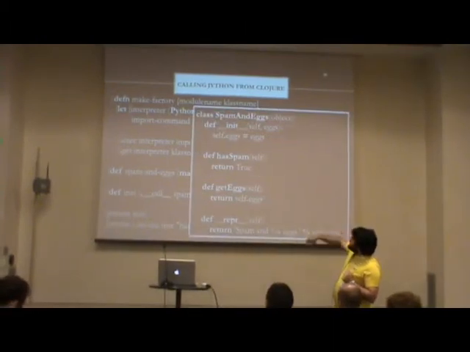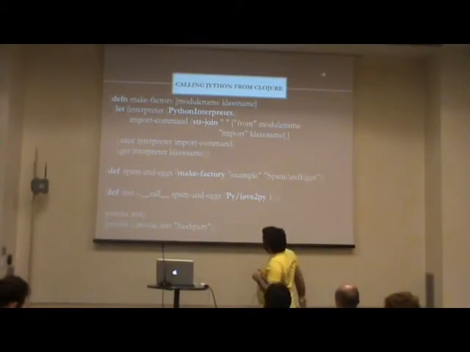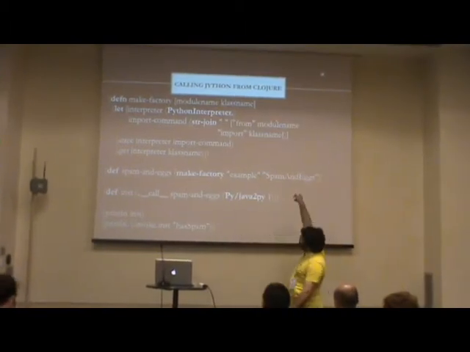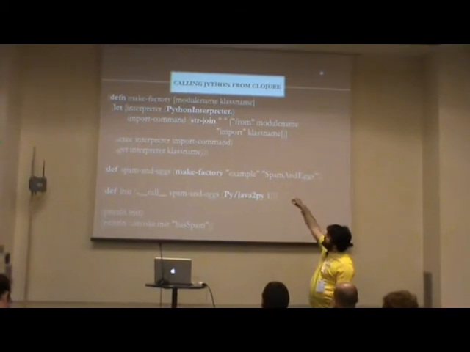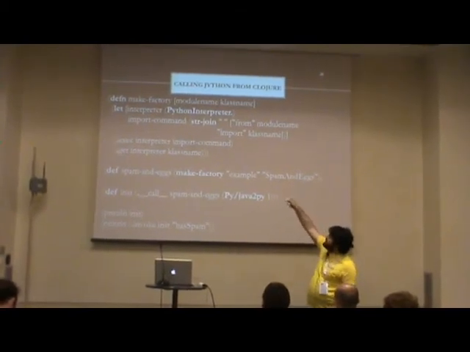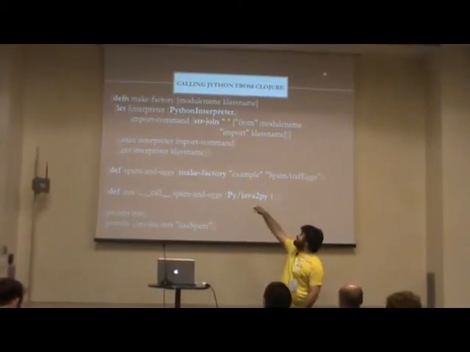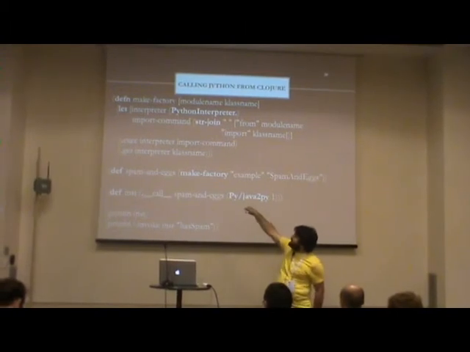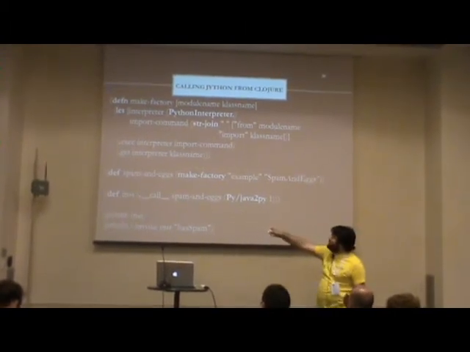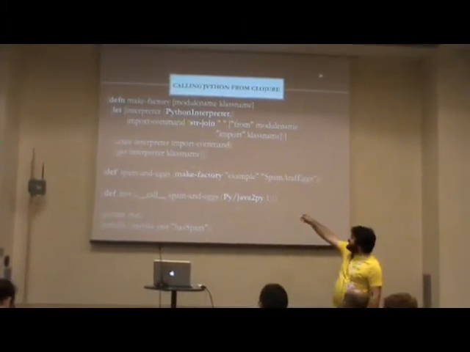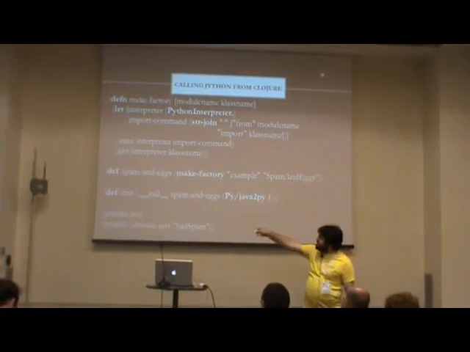And this is an example of Python here. What we do, we define an interpreter here, a Python interpreter. We do an import from module name, import class name, okay? We execute that, and we get the object name plus name from the interpreter. So we have this variable here, main factory example dynamics, okay?